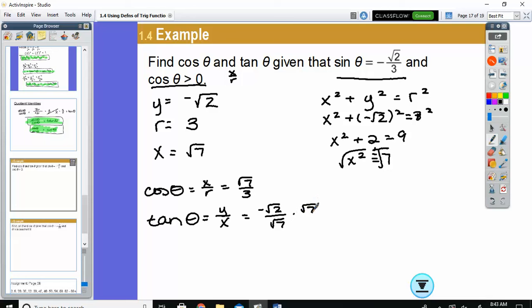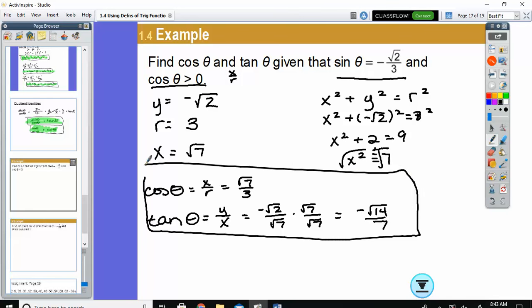So negative radical 2 over radical 7. Get the radical off the bottom. Get negative radical 14 over 7. What is that? The box. What is that? This was my final answer because I asked you to find cosine and tangent. Oh, okay.